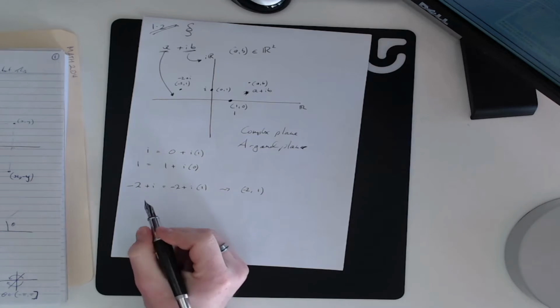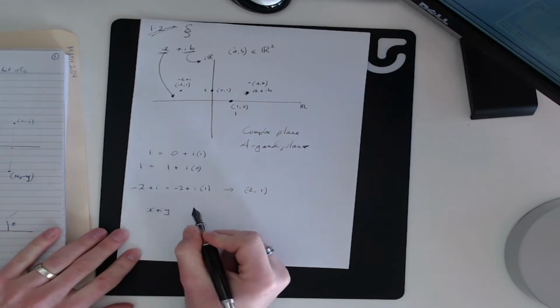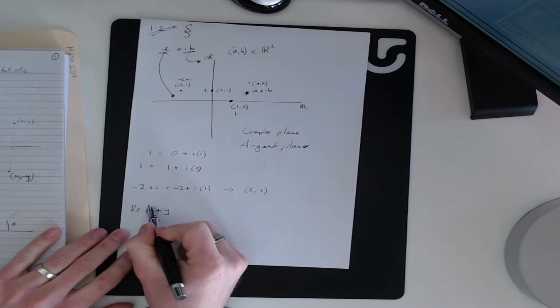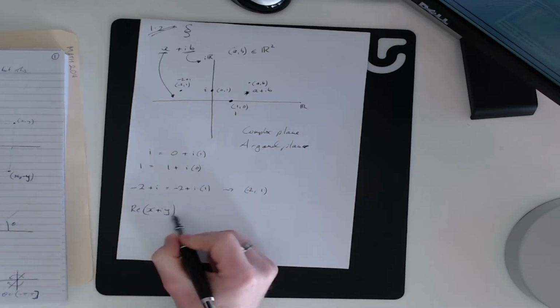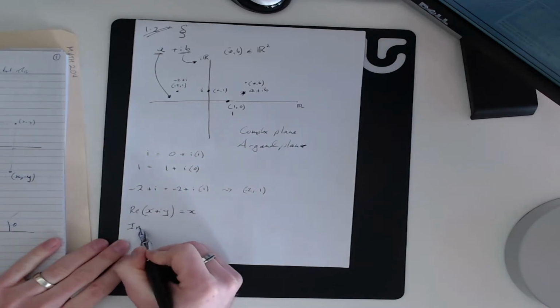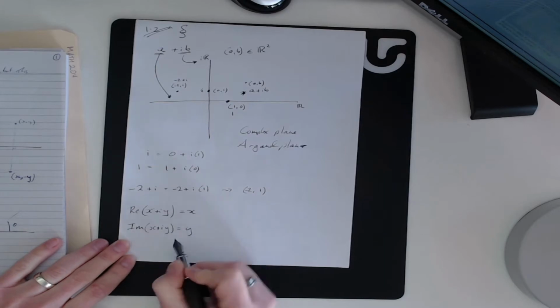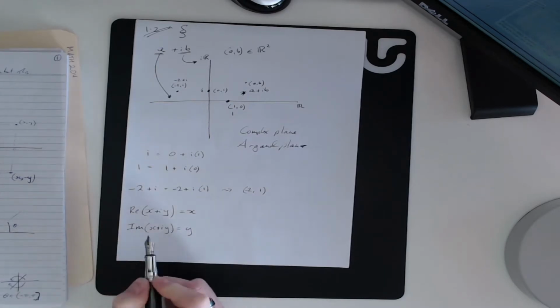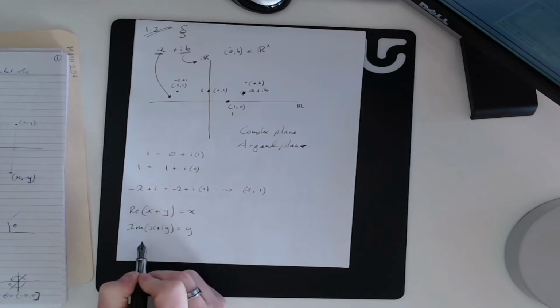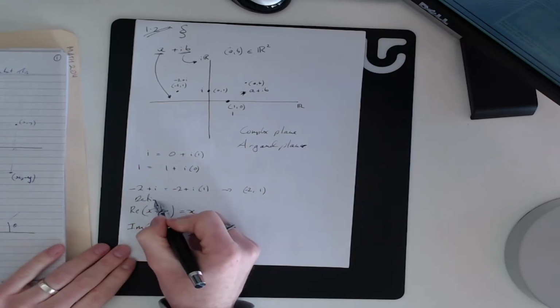Okay, so given a complex number, we can ask, what is its real bit? The real bit of a complex number x plus iy is just x, and we can ask what the imaginary bit is. So these bits here are called real, and these bits here are pure imaginary. Definition.